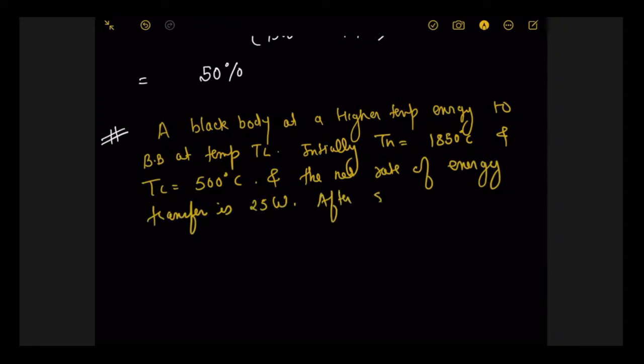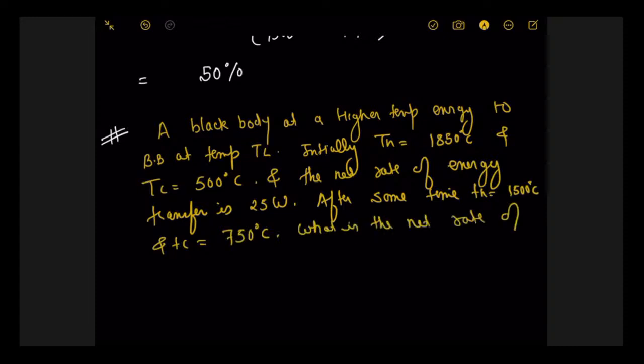After some time, TH equals 1500 degrees centigrade and TL equals 750 degrees centigrade. What is the net rate of energy transfer? Solve this.